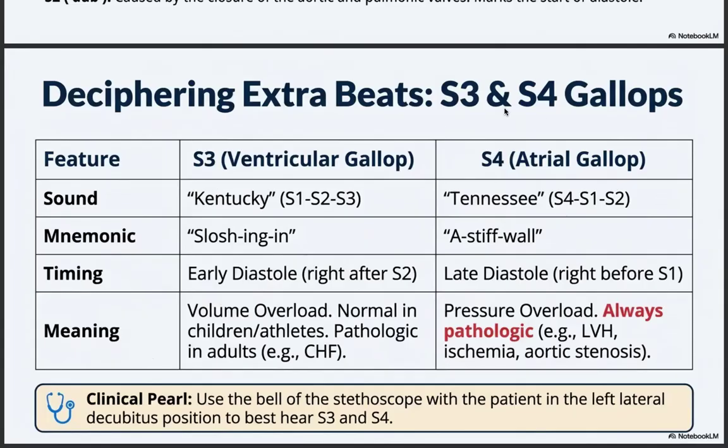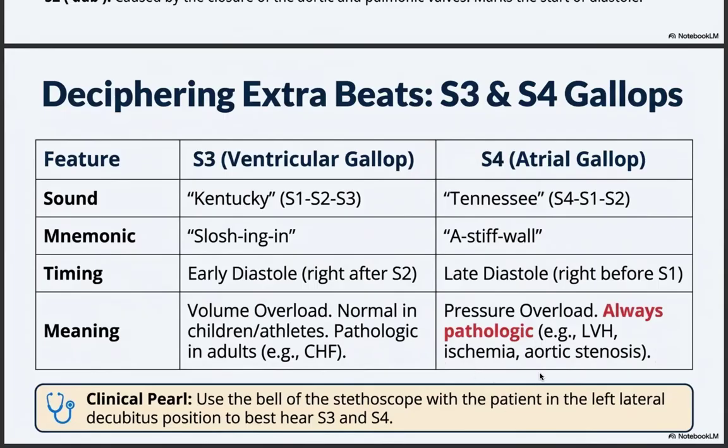And as for S4, some people say a stiff wall because a lot of times it happens because of stiffness. If they have left ventricular hypertrophy, see aortic stenosis. Any type of stenosis can really cause an S4. Aortic is kind of the most common. Or if they have ischemia. So ischemia, don't forget, means narrowing of a vasculature to reduce blood flow.